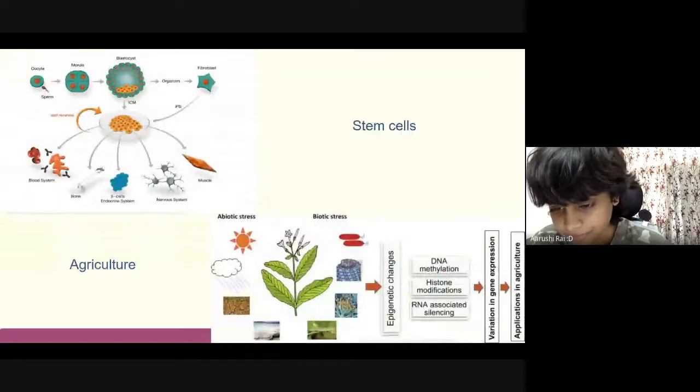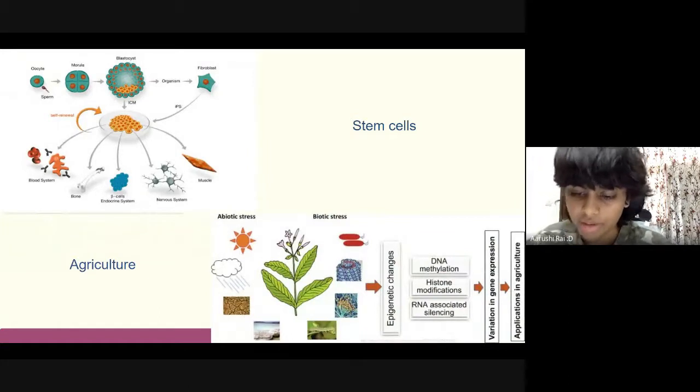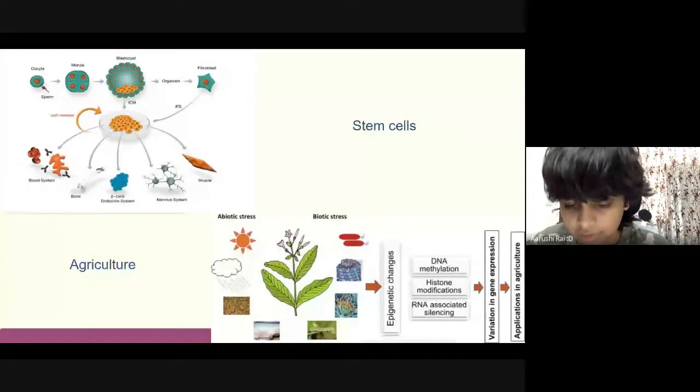Next slide. Then we have stem cells. There have been increasing evidences that suggest that epigenetics plays a significant role in stem cell biology. They are important for determining gene expression during cell differentiation and development. Next, we have agriculture.